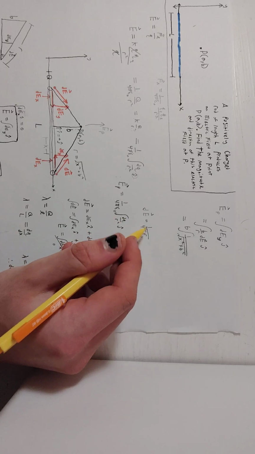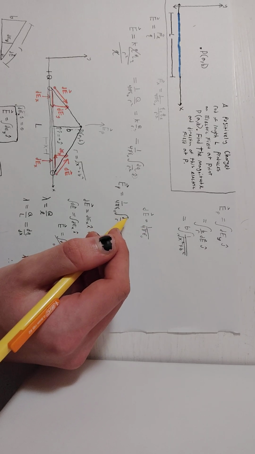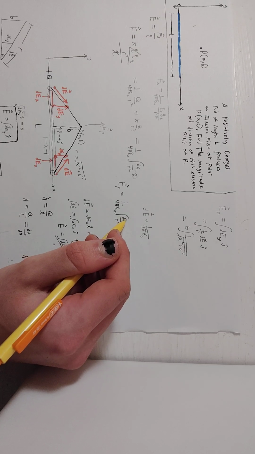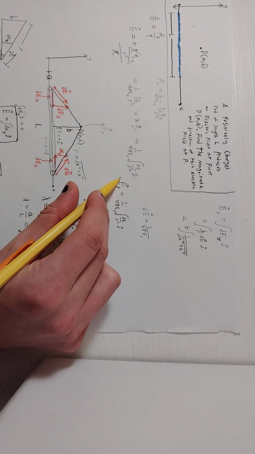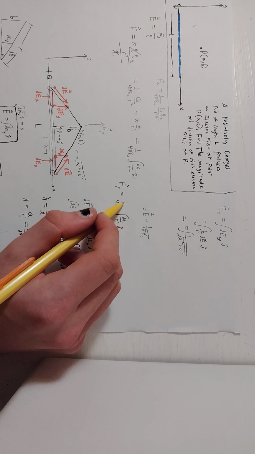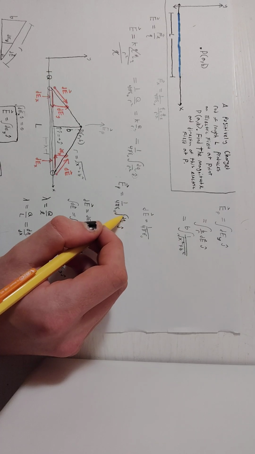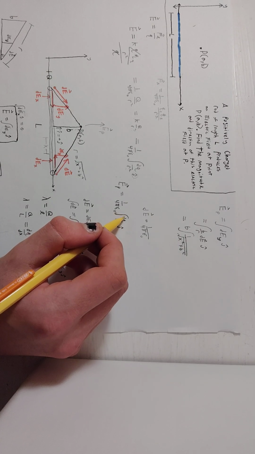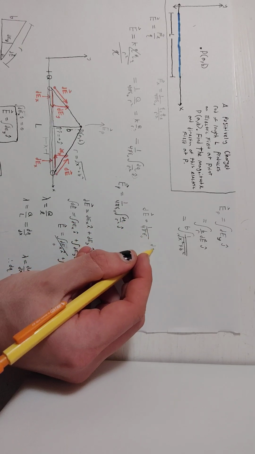We're not integrating though. The derivative and integral operators cancel each other out because they're basically inverses of each other. So if I differentiate this side and I differentiate this side, the derivative operator and the integral operator cancel each other out. So really we're just left with dq over r squared.